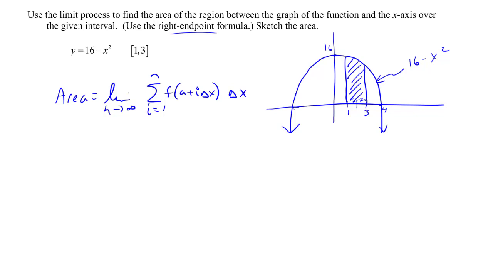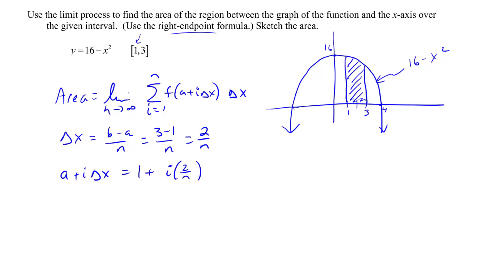Let's figure out the key things we need. We need delta x, b minus a over n, 3 minus 1 over n, 2 over n. A plus i delta x, now this time a is 1, so 1 plus i times 2 over n. That's going to be 1 plus 2i over n.